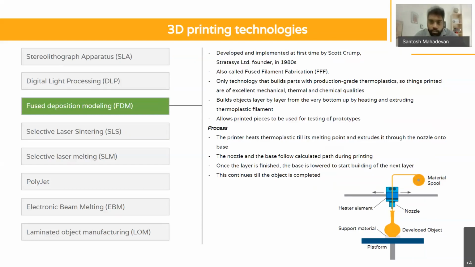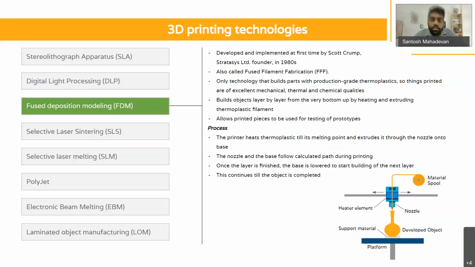After the year 2000, people started open sourcing the whole fused deposition modeling technique. That is the reason, even to date, it is very simple and accessible for anybody, even at a college level, to build and own an FDM 3D printer of their own.